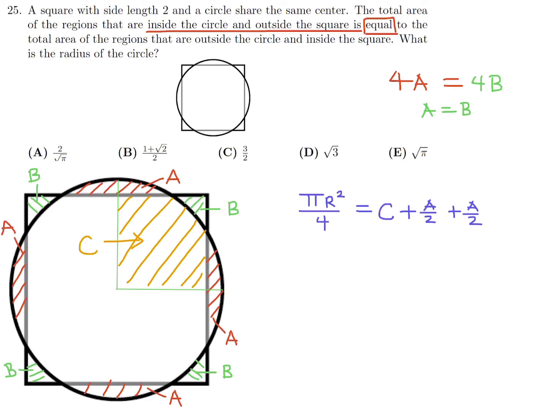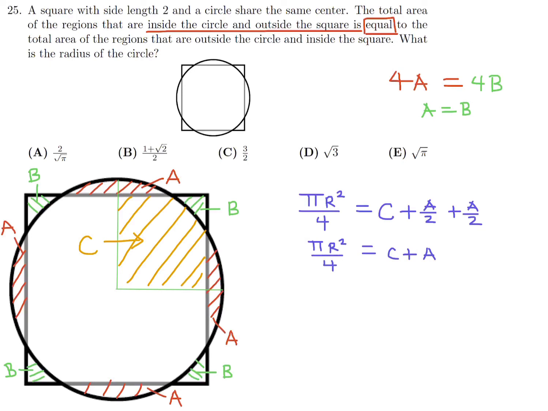Correct? You got the C, obviously, and then you got half of the A's, but you got 2 of them. So that's why it's A over 2 plus A over 2. So that basically becomes C plus A, which is pi r squared over 4.